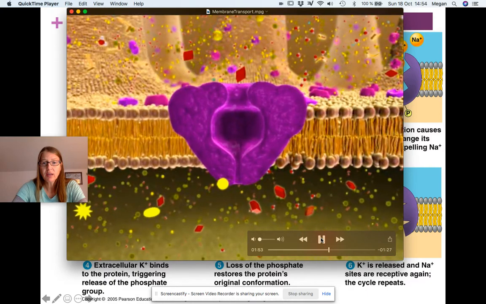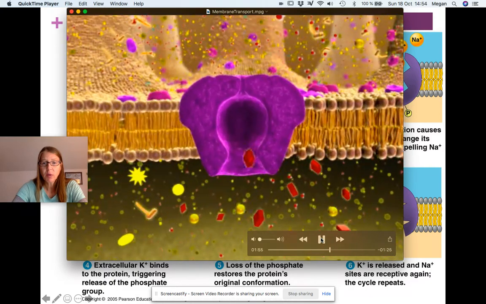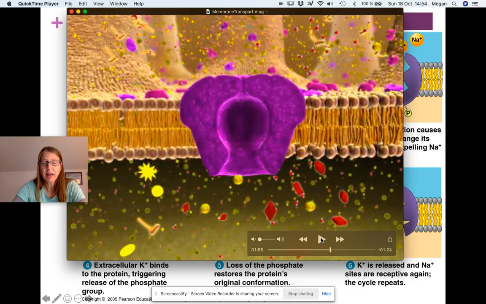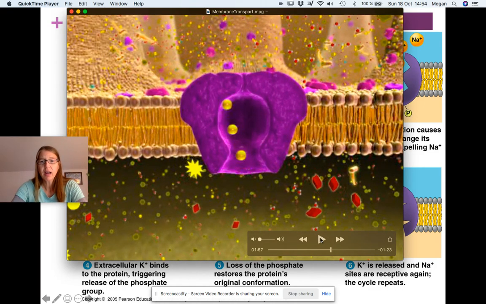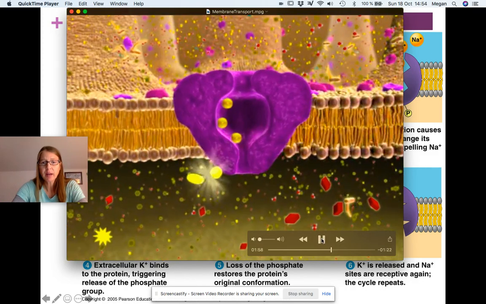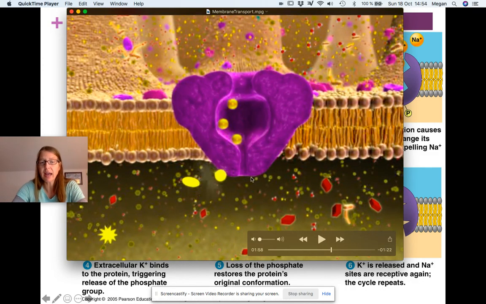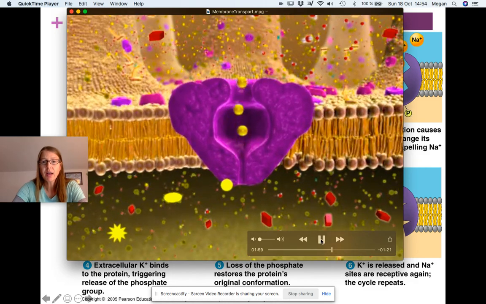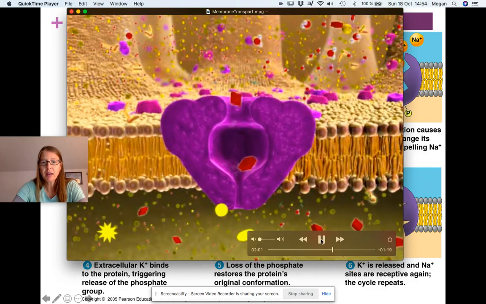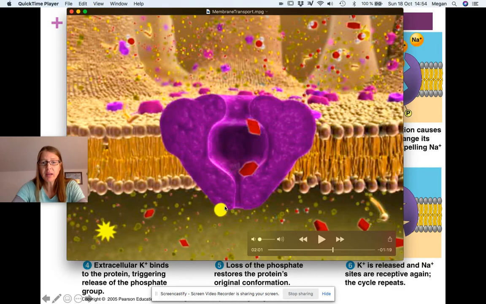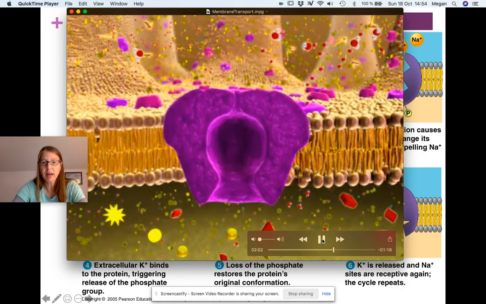So as it goes, when it's open, it's at rest. The sodium goes in, and you see this ATP come in here. It phosphorylates, drops off the phosphate, and that gives it the energy to change shape. The sodium will leave, the potassium will come in, and when the potassium comes in, this phosphate gets released and it reopens up to the inside.